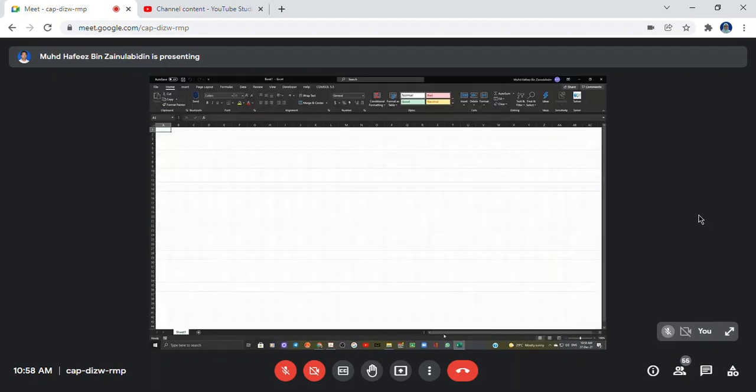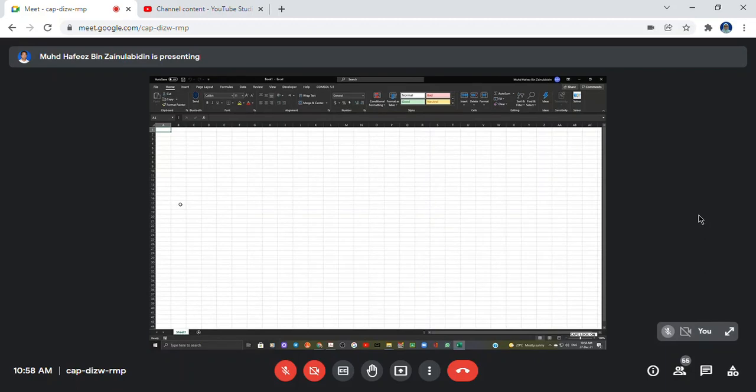Okay, Excel, class example. 2D transfer.